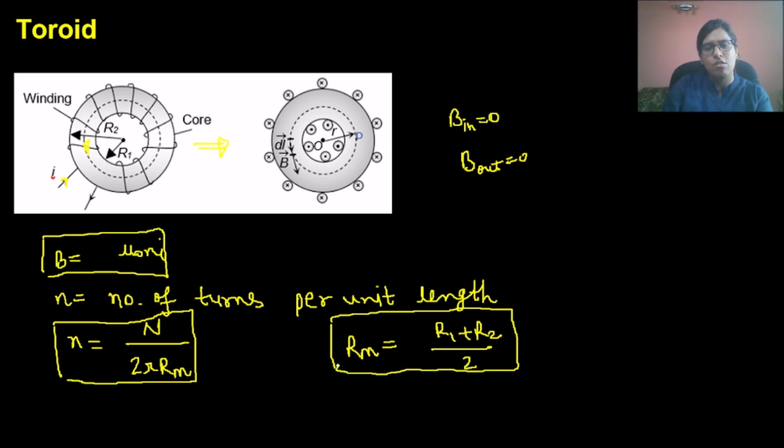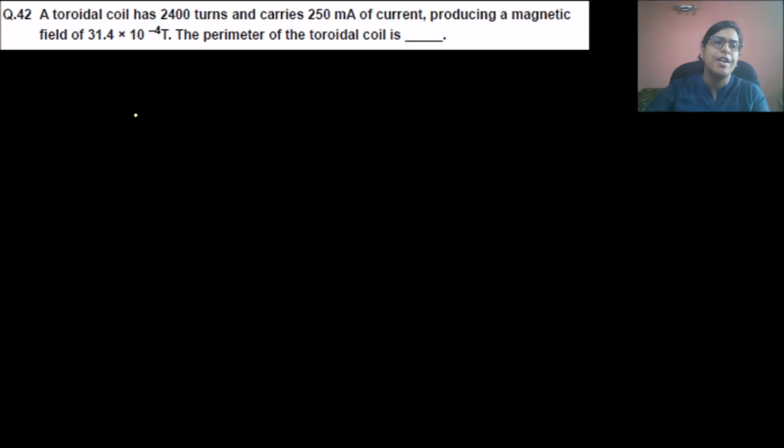Now we will solve a question based on this formula. In this question we are given a toroidal coil has 2400 turns and carries current 250 milliampere, producing a magnetic field. The parameter of the toroidal coil is. So first of all, B is mu naught Ni.